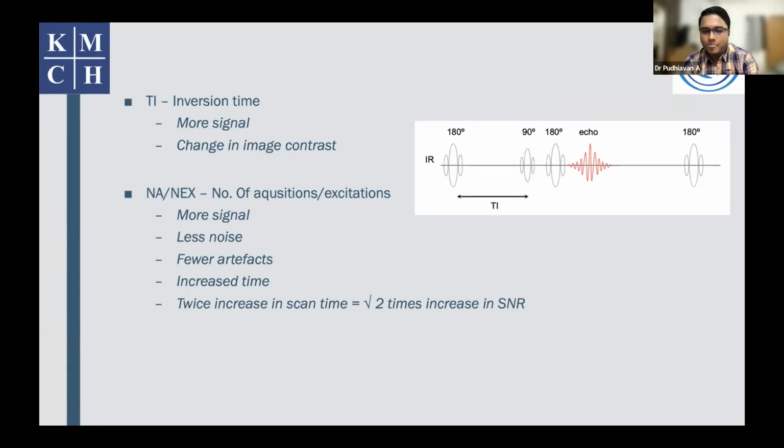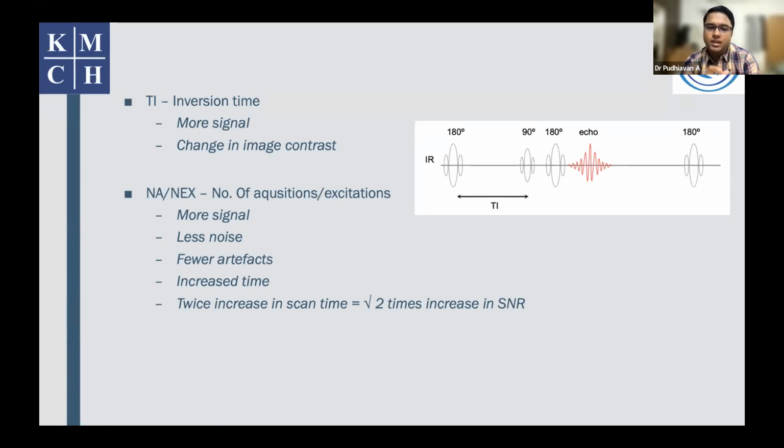So for example, there is a sequence which takes 10 seconds to complete, and you are not happy with the image quality or the signal is very poor. So you decide to increase the number of averages to 2. The scan time will increase to 20 seconds, but it is not necessary that the SNR will also increase twofold. The SNR will only increase by 1.4 fold.